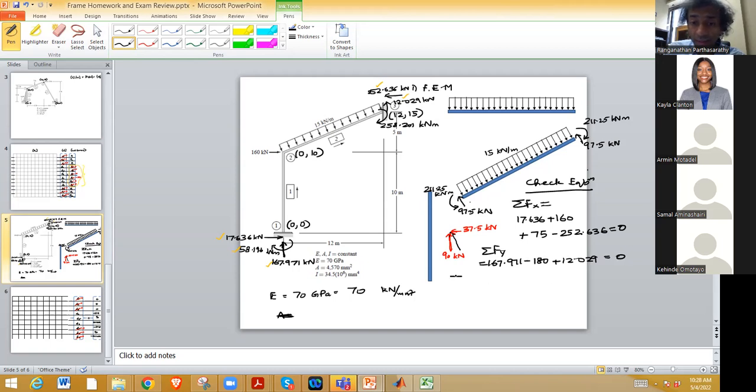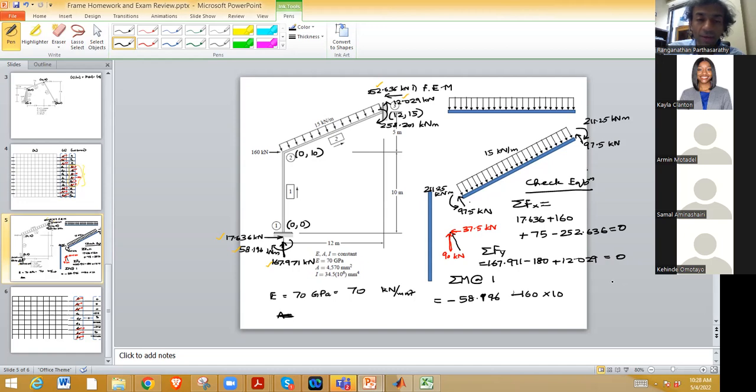Then let's take sigma M about joint 1. So you have 58.196 negative. Then you have negative 160 times 10.